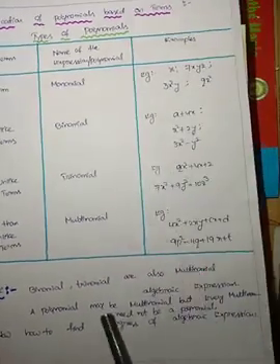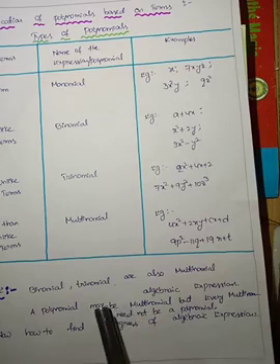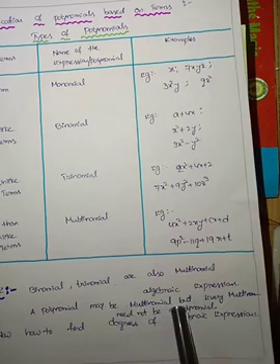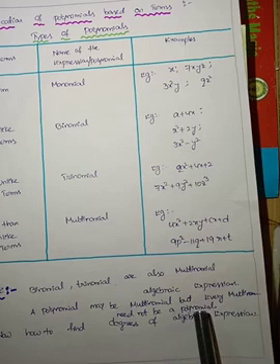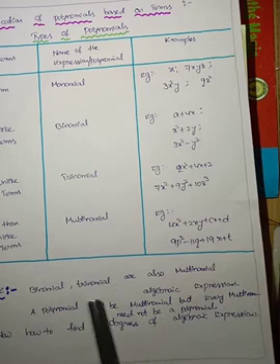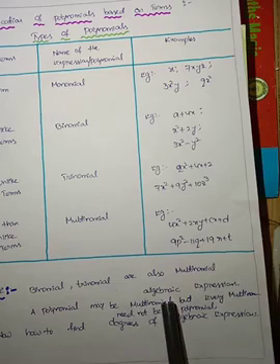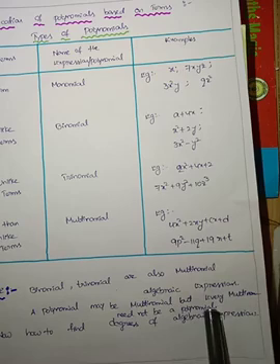Any polynomial you take may be a multinomial, but every multinomial need not be a polynomial. A polynomial may be a multinomial, but a multinomial need not be a polynomial.